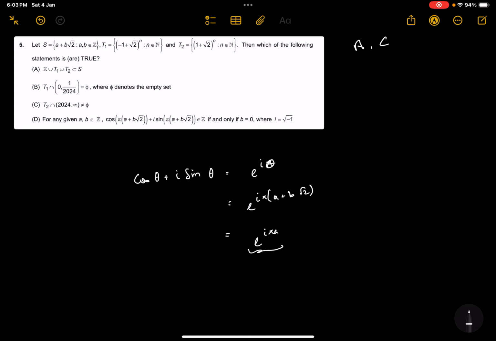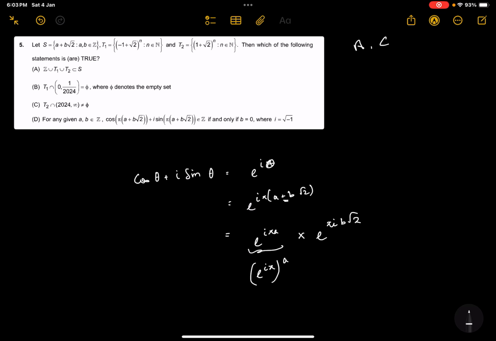This is some integer power of e to the power of pi iota. So this term will be either -1 or +1 depending on a, and the exponent in the second factor becomes e to the power of pi iota b root 2.